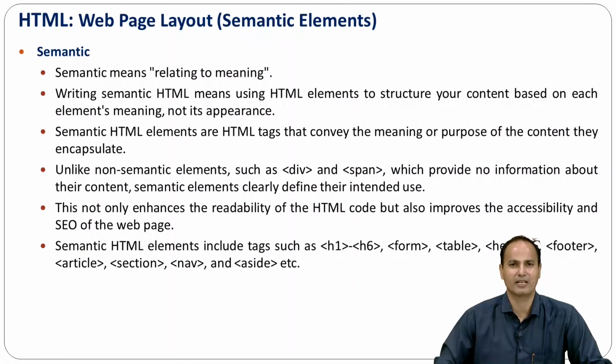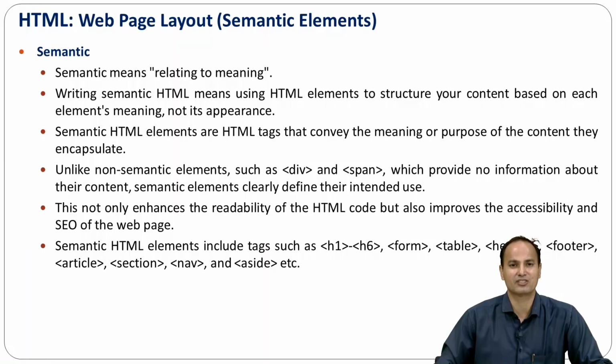There are various components and elements available, but let's first look at the meaning of semantic. Semantic means relating to meaning. A certain kind of meaning is associated with a particular element that we use for placing content within it.